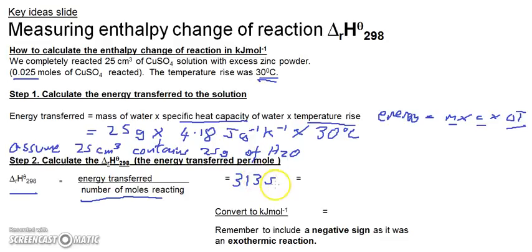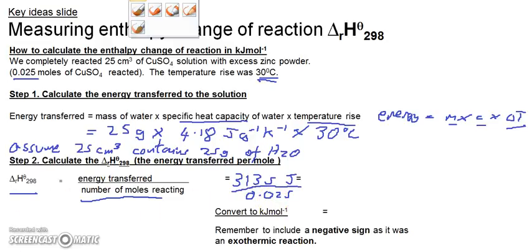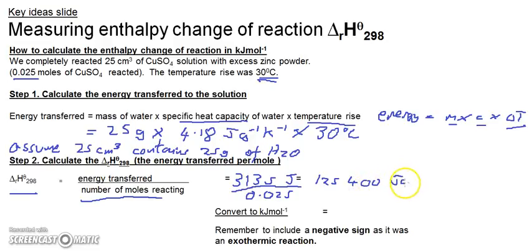So the energy transferred was 3135 joules. We're going to divide that by the number of moles, which was 0.025 moles. So put that into the calculator and we get 125,400 joules.